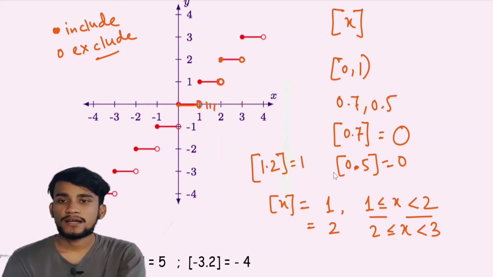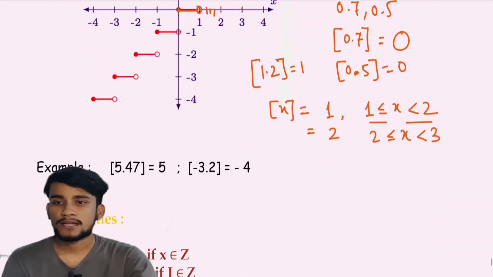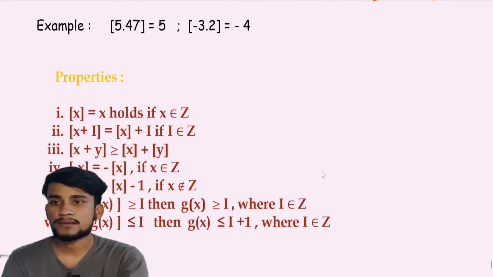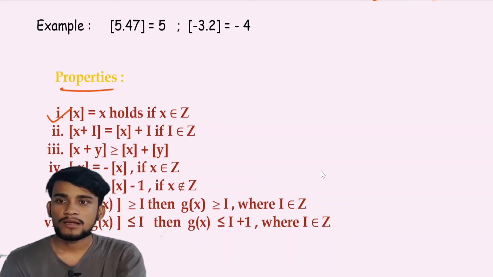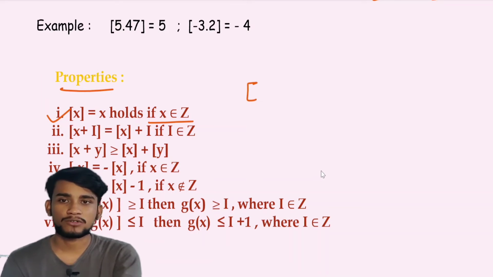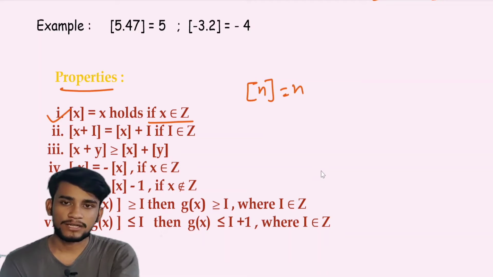Similarly from the negative side. There are basically properties, so we read the properties first. Box of x equal to x if x belongs to Z. That is, if x is an integer, then box of any integer n is clearly n.